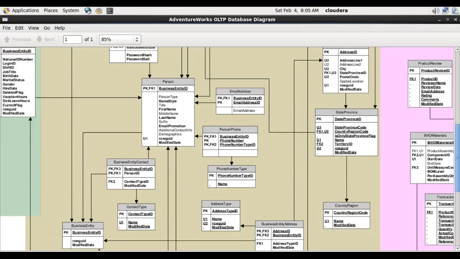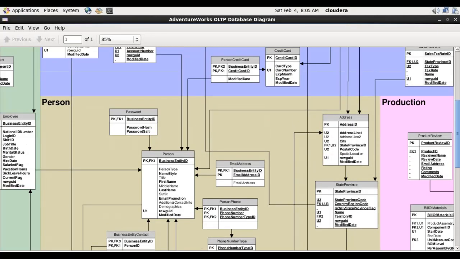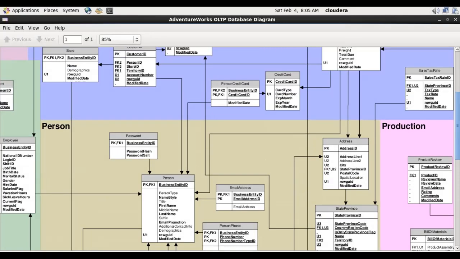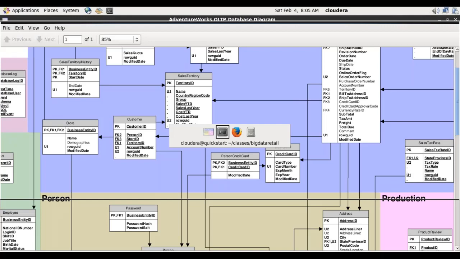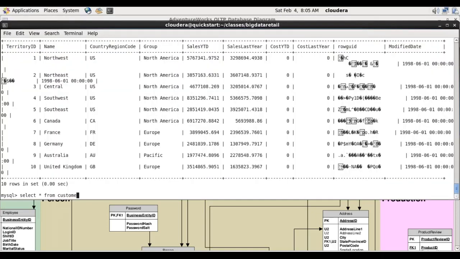Just hold on. Do we have person type? So let's do a little check on customer. Select, start from customer limit 10. Okay.